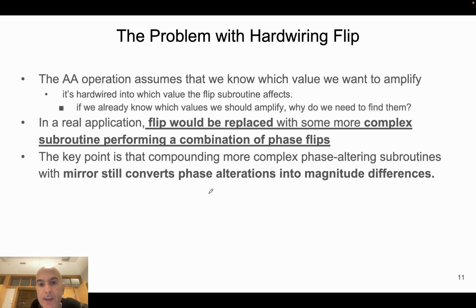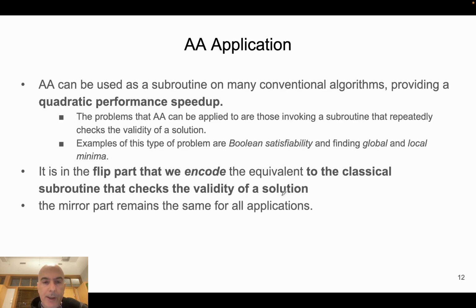So the key point is that compounding more complex phase-altering subroutines with the mirror still will convert phase alteration into magnitude differences. So we will go from a flip operation that we are using right now, that is hardwired, to more like a so-called oracle, that is a quantum conditional operation that will allow us to mark a certain quantum state.